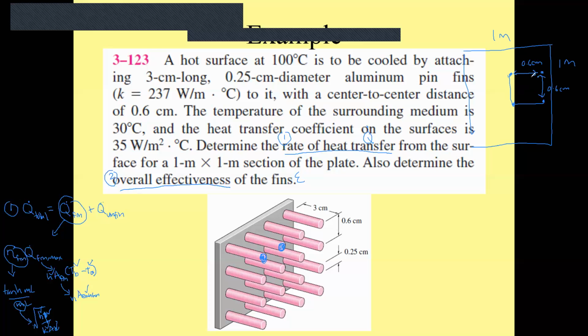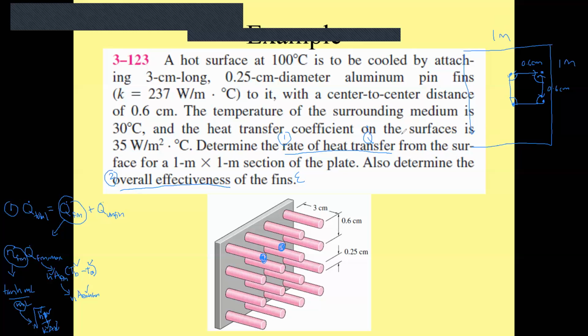In this square, each corner is a quarter of the fin, because it's a circle. When you cut it like this, it's a quarter, and when you add up, it's actually 1 fin. So 1 square here is actually 1 fin. That's why you can just take this divided by this area.